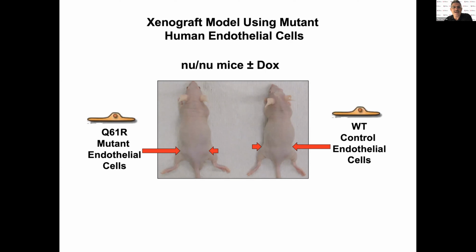On some mice, we put the cells expressing the mutant gene, and some mice we inject the cells expressing the normal human gene. And then after 8 days, we can take out the plugs. Actually, what we do is when we inject the cells, we mix them into gel, Matrigel, and we inject that under the skin. You can kind of see on the left here, there's kind of this bump or lump. That's where the cells have been injected in some gel. You have to put them in the gel so they can grow and form tubes.